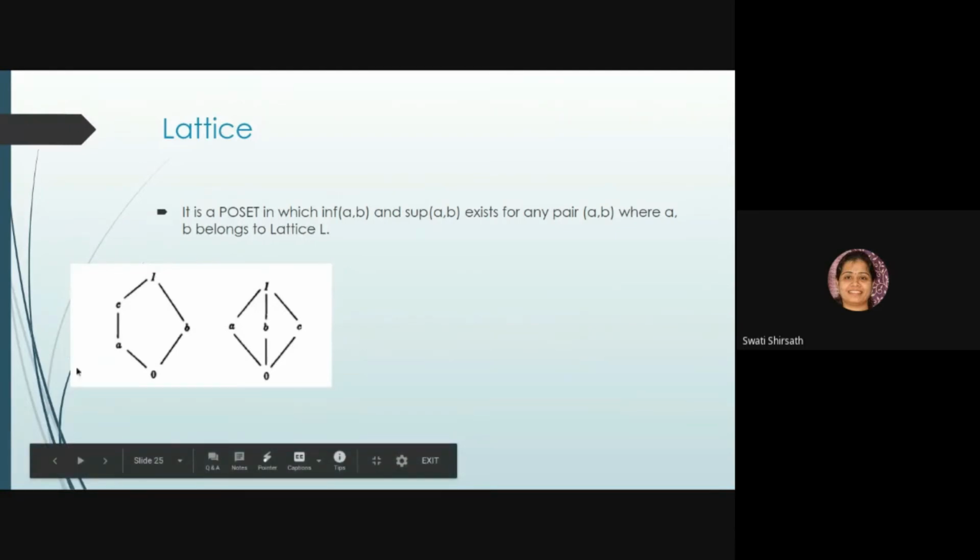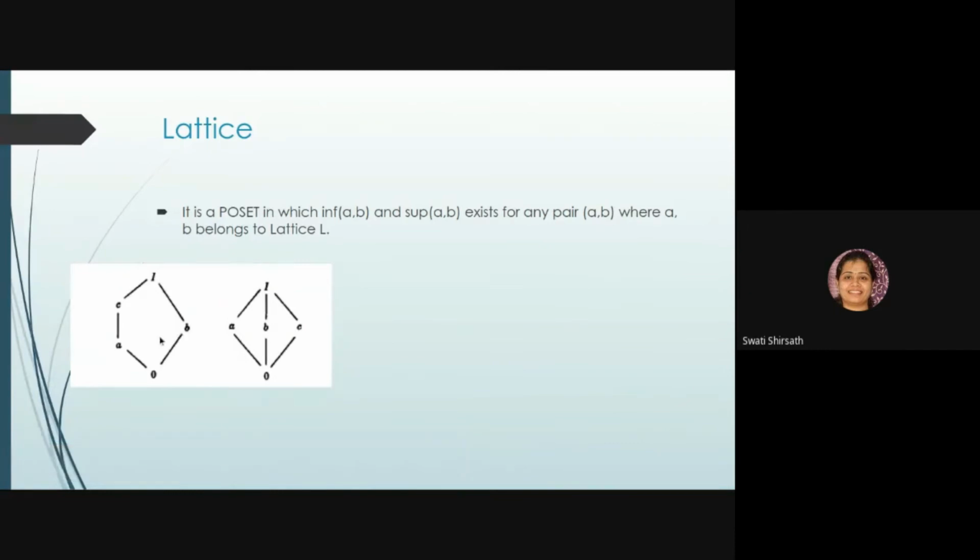Now check for the pair A comma B. Okay, so if you want to check for the LUB of this pair, then what you will do? How you will proceed? You will check where they are meeting.